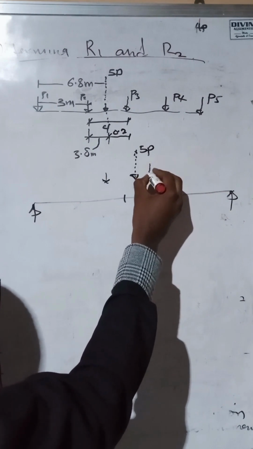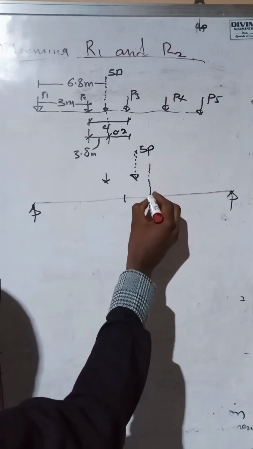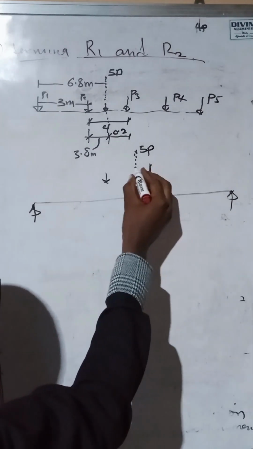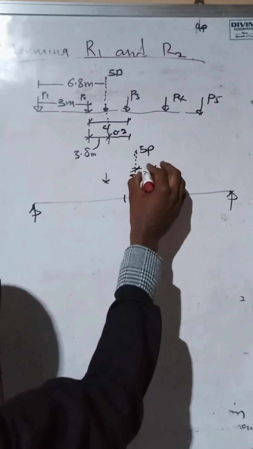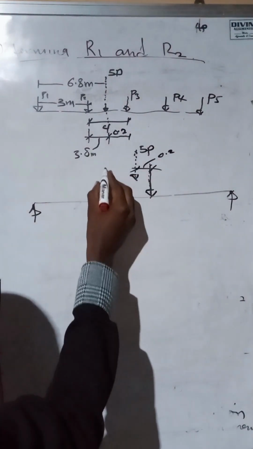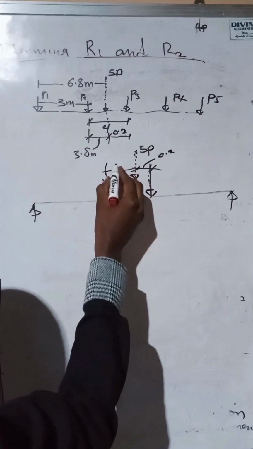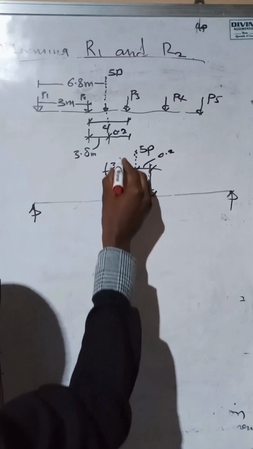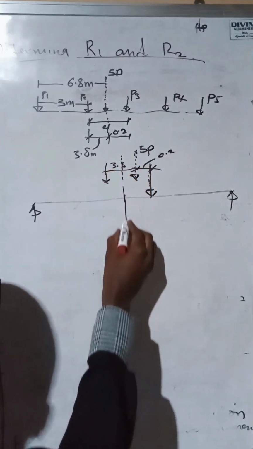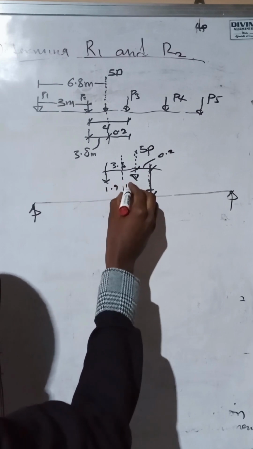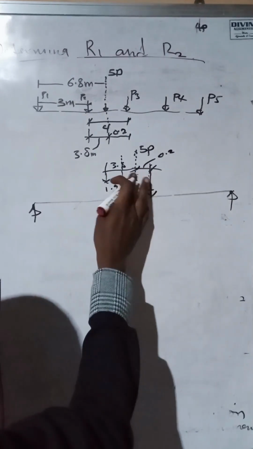Let me just try to indicate it to scale, but whatever we are doing is not to scale. Our drawing is not to scale, so let's call it 0.2. So if that happens, here is 3.8. So we are splitting 3.8. If we split 3.8 here, we have here to be 1.9, 1.9.